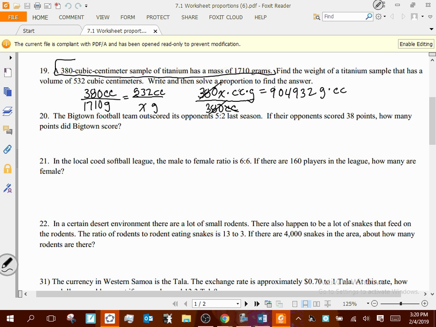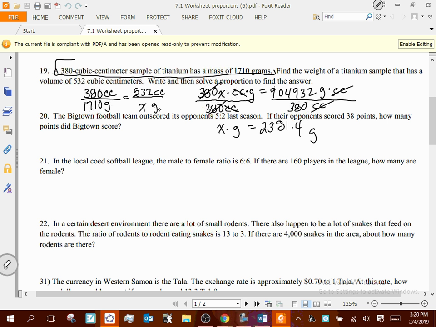X grams is equal to, now come over here, and I'll divide by 380 cc's. The cc's cancel out. And I would be left with that number divided by 380, which gives me 2381.4 grams. So that's the idea of being left with the right unit.